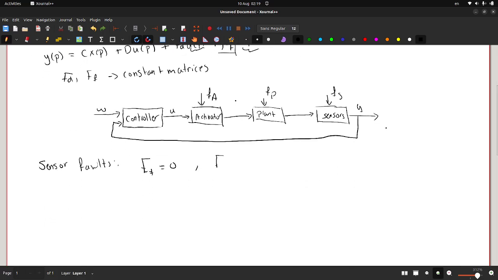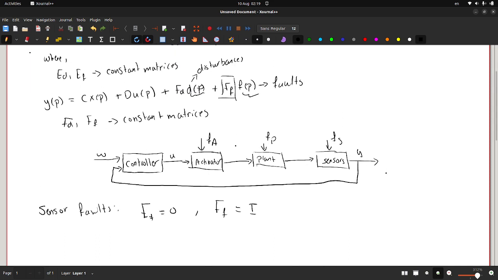F_F should be equal to identity, since this matrix is affected only by the sensor faults. And we can have y as an outcome equals Cx plus Du plus F_D d plus F_S, since F_F equals I, so we can just remove it.